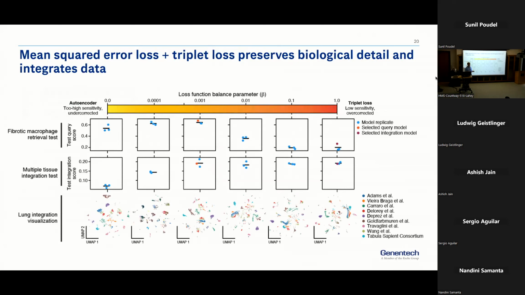We train this model to do that facial recognition trick, but at the same time try to preserve as much gene expression information. Here, as we scan from just autoencoder to triplet loss and blend these two loss functions in between, we can see the different metrics that we evaluate the model on go up and down.